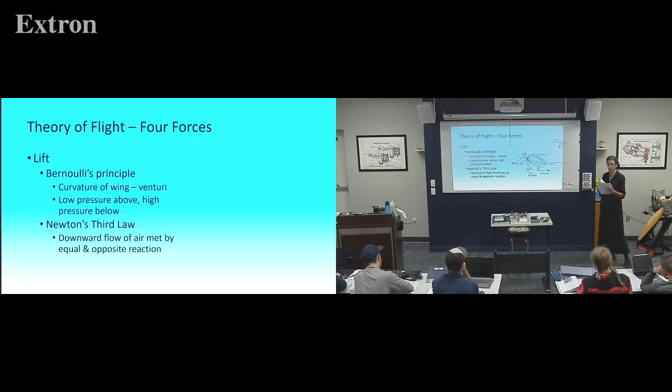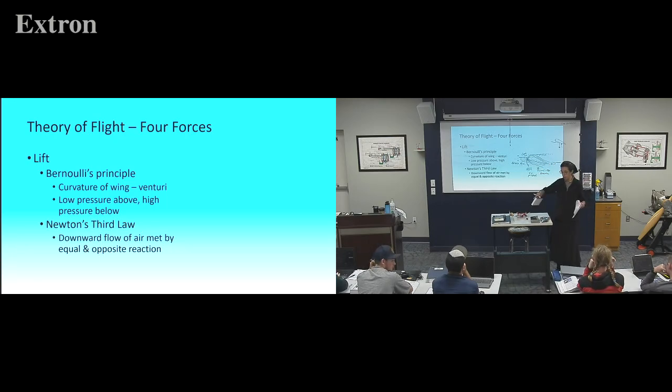Wind tunnels also have limitations, because they put an airfoil in the tunnel, and they can change the angle and have fun with it. But the airfoil is stationary, and they are blowing air at it, so that's going to have different effects than an airfoil moving through still air.